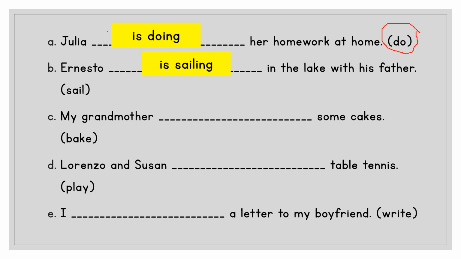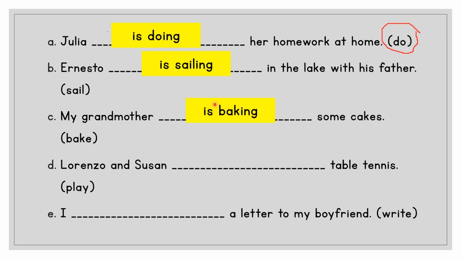Alright, C. My grandmother. My grandmother seorang ke ramai? Singular or plural? Singular. So we put is. Kemudian bake. Bake ni sebab belakang dia E, ada tukar sikit. Is baking some cakes.